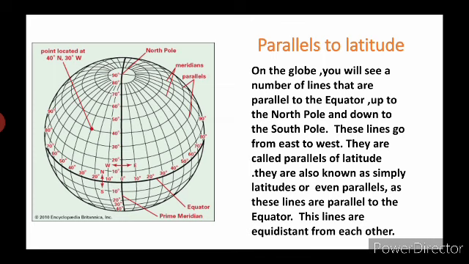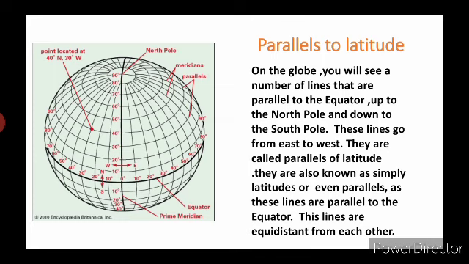Now we are going to learn about parallels of latitude. On the globe you will see a number of lines that are parallel to the equator. Look at this figure carefully. One arrow is there, and they have given here parallels. There are numbers of parallels on the globe, up to the North Pole and down to the South Pole.